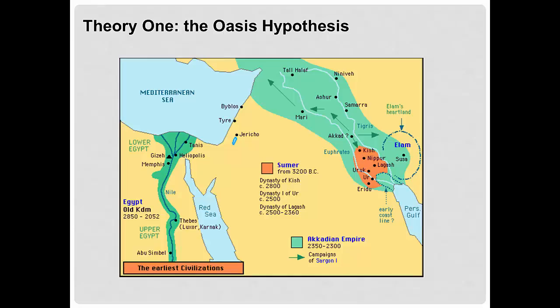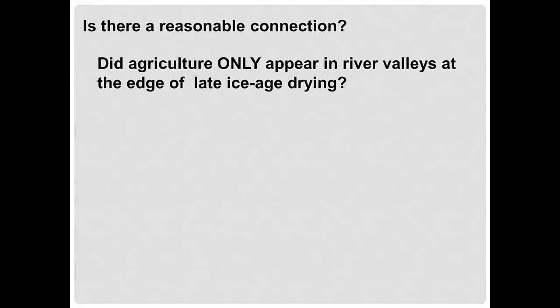So, let's say you're an archaeologist and you want to test this hypothesis, whether there is a reasonable connection between post-Ice Age drying and the advent of agriculture, the Oasis hypothesis. What questions do you ask? Well, one really obvious question is, did agriculture develop primarily in oases?